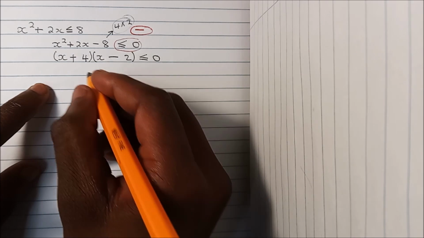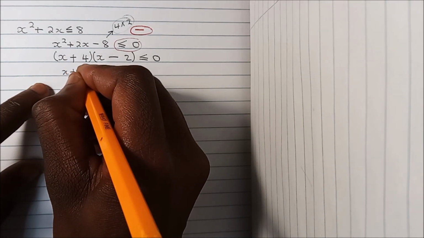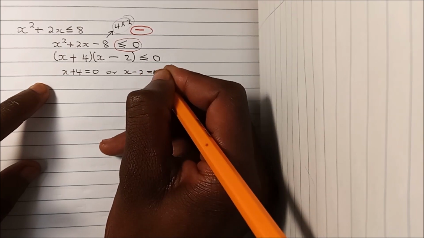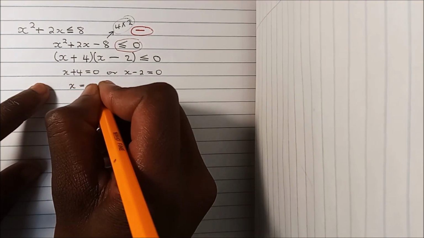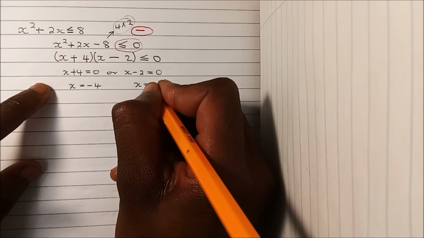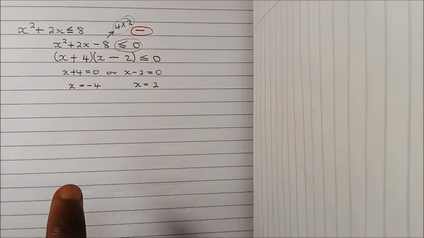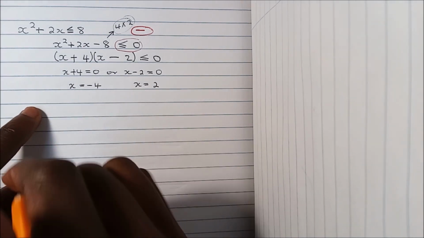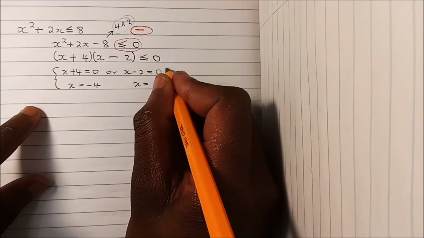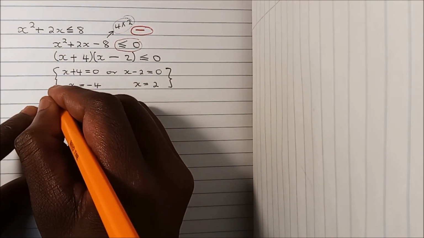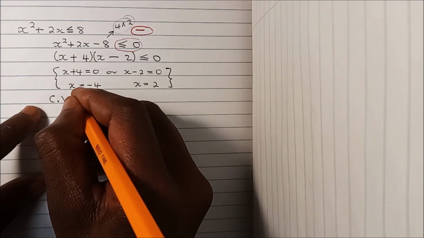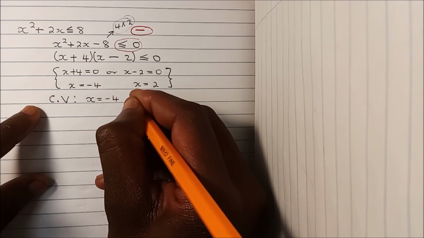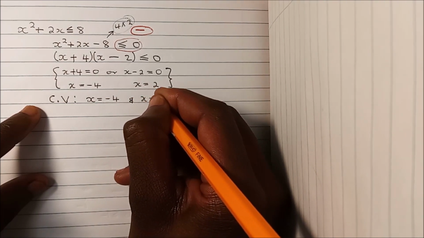Obviously, if we were to solve for x here, x plus 4 equals 0 or x minus 2 equals 0, x will be -4 here, and then x will be 2 here. But remember, this is inequality. These values of x, it does not mean you are done here. They will be your critical values. So now your critical values will be -4 and 2.